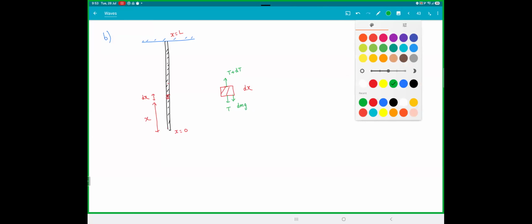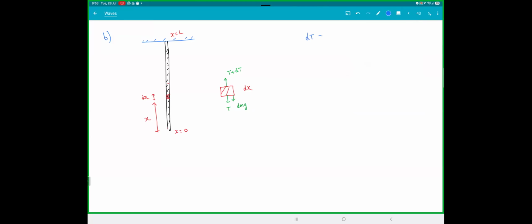So from here we can clearly see dT, the extra tension, is because of the small weight dm g. And what is dm? dm is nothing but mu into dx. But what is mu? Mu is mu naught x power n, into dx into g.